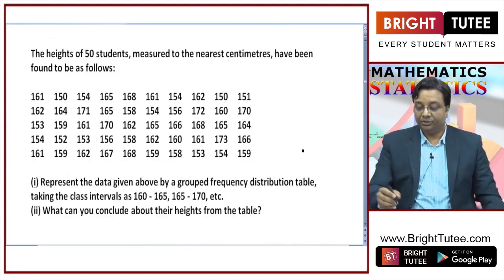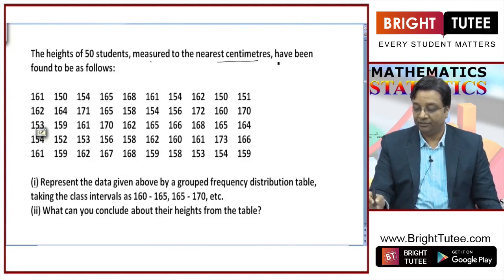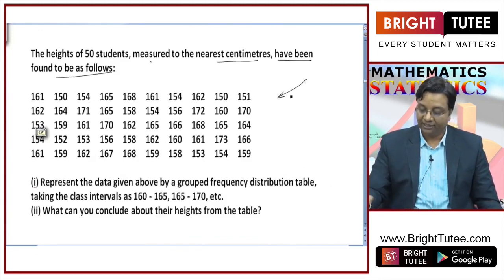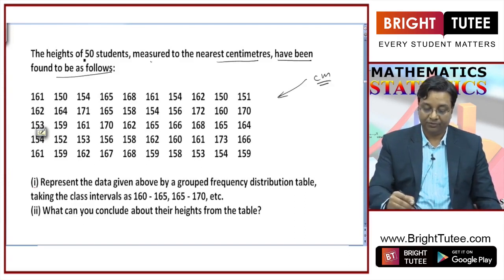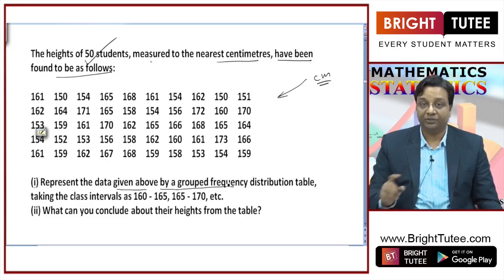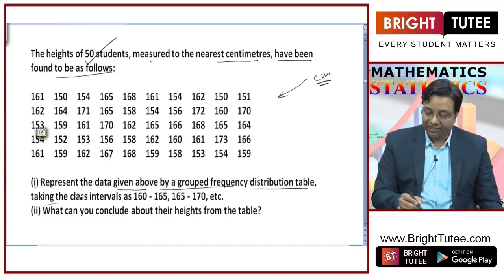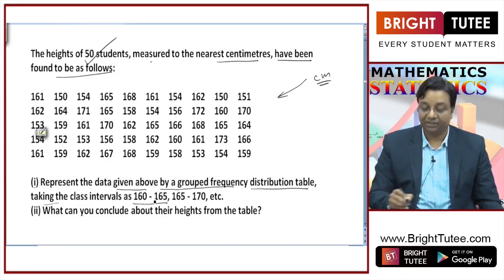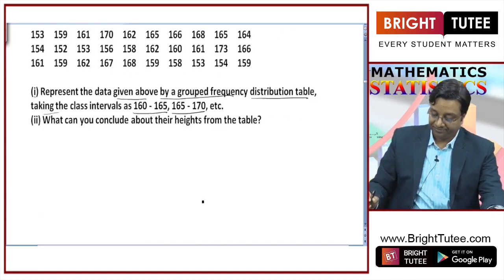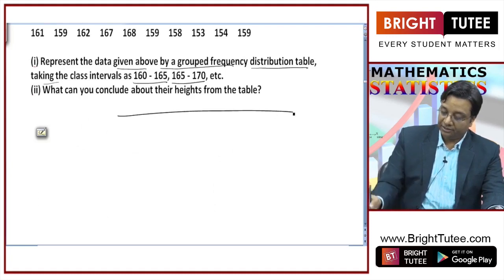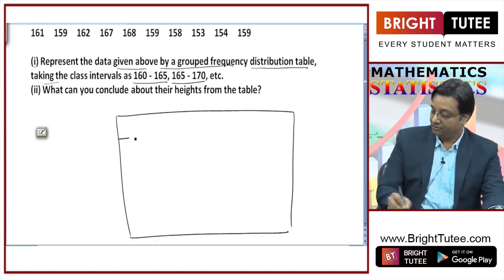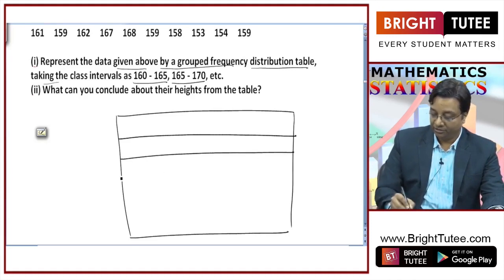The heights of 50 students measured to the nearest centimeters have been found to be as follows. So these are heights in centimeters of 50 students. Represent this data given above by a grouped frequency distribution table, taking the class intervals as 160 to 165, 165 to 170, etc. Okay, so let us make this class distribution table.